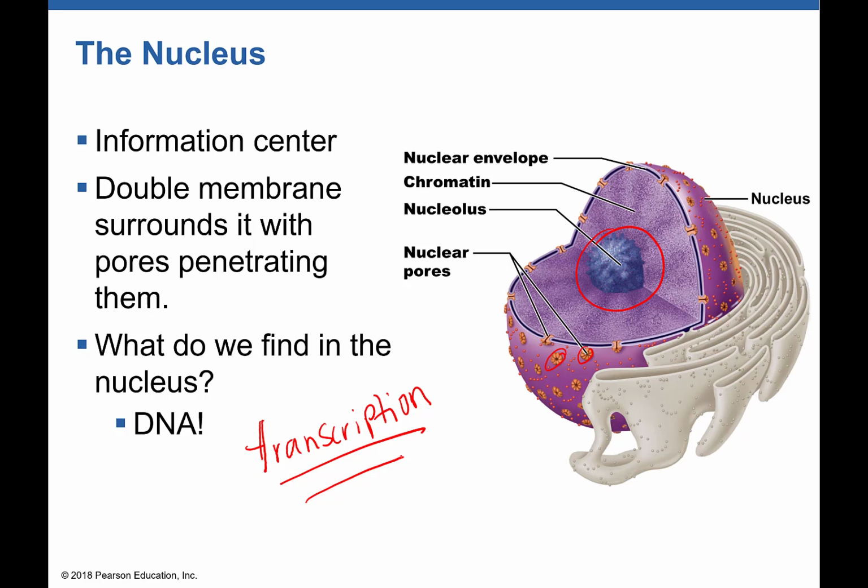That copy of the DNA is called RNA, a transcription of the DNA. It's not the real DNA. And that RNA would then squeeze itself out of the nucleus via these nuclear pores here.